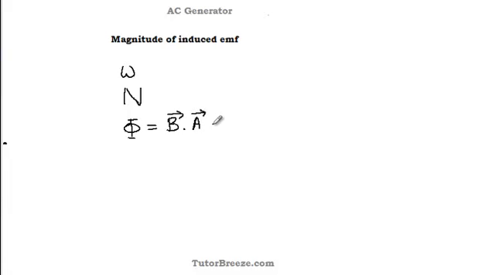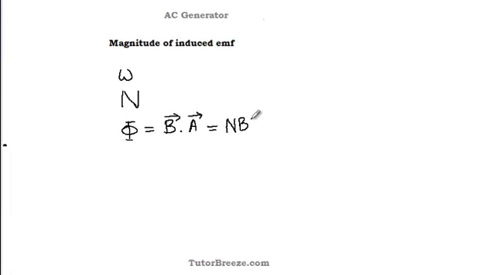So if there are n turns, this becomes n B A cos theta, since this is the dot product of the two vectors. B and A are the magnitudes of the magnetic field and the area vector respectively. Theta is the angle between the magnetic field and the area vector.